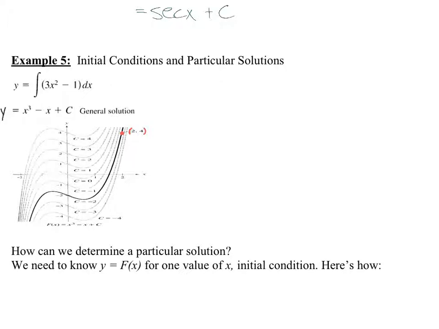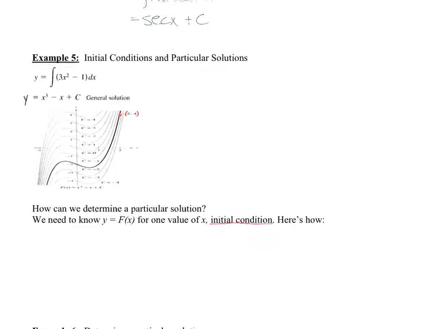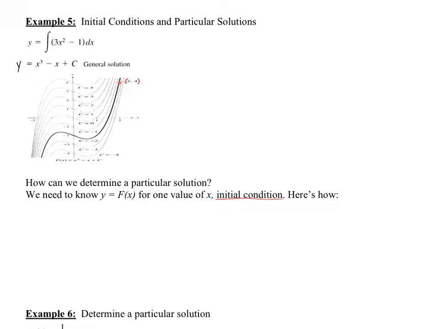First of all, this point that we have is what we call an initial condition. It's a condition or a point on the original function. So what we're going to do is take this general solution, y equals x cubed minus x plus c, and plug in the point (2, 4) to solve for c.